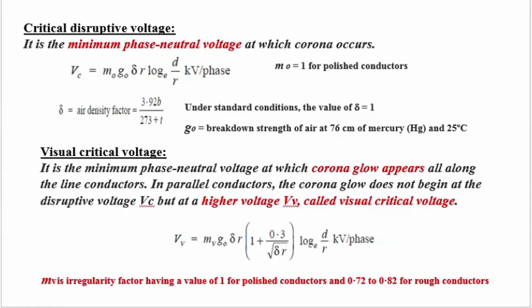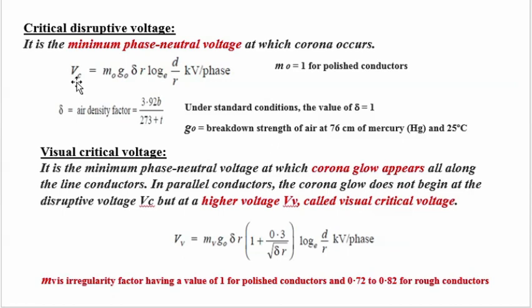Next we have two important terms related to the corona effect. First one is critical disruptive voltage. Critical disruptive voltage is the minimum phase to neutral voltage at which corona occurs, and it is given by the equation Vc = m0 g0 σ r ln(d/r) kV per phase.